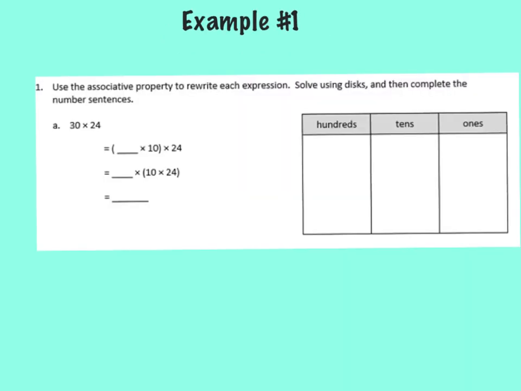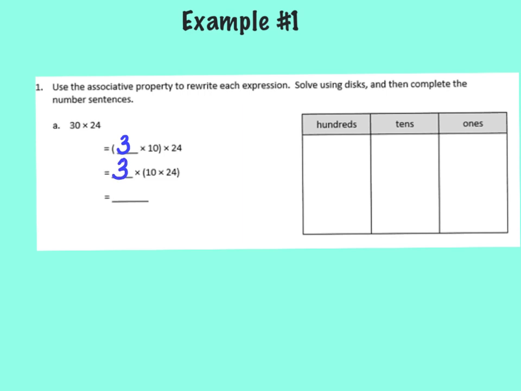Example number 1. Use the associative property to rewrite each expression, solve using this, then complete the number sentences. 30 times 24. The number 30 can be decomposed into 3 times 10 times 24. Using the associative property, we can move the parentheses to be around the 10 and 24 instead of the 3 and 10.